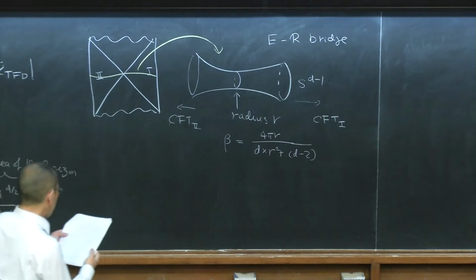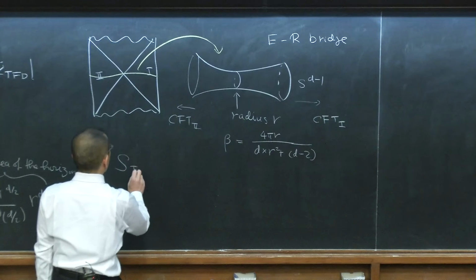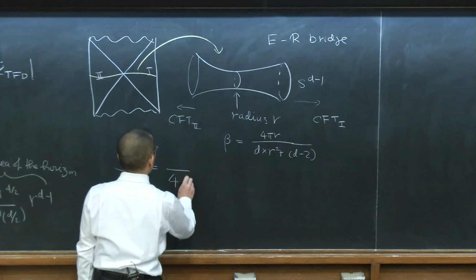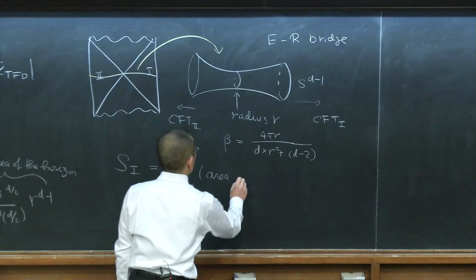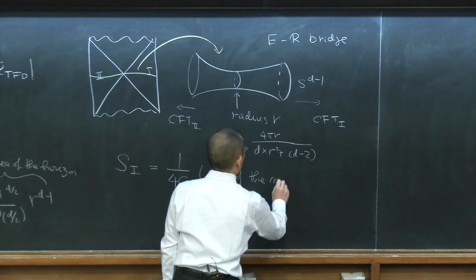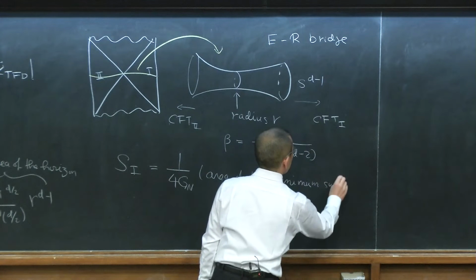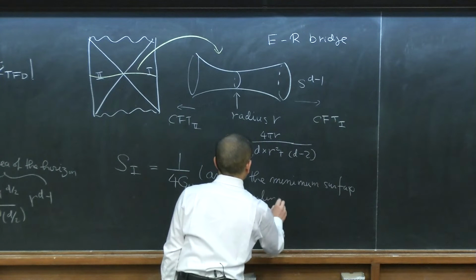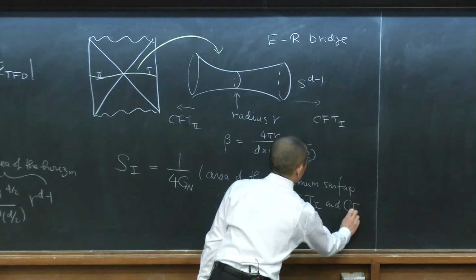So that means the entanglement entropy for the conformal field theory 1 also has an interpretation: it is the area of the minimum surface separating CFT1 and CFT2, divided by 4 G Newton.